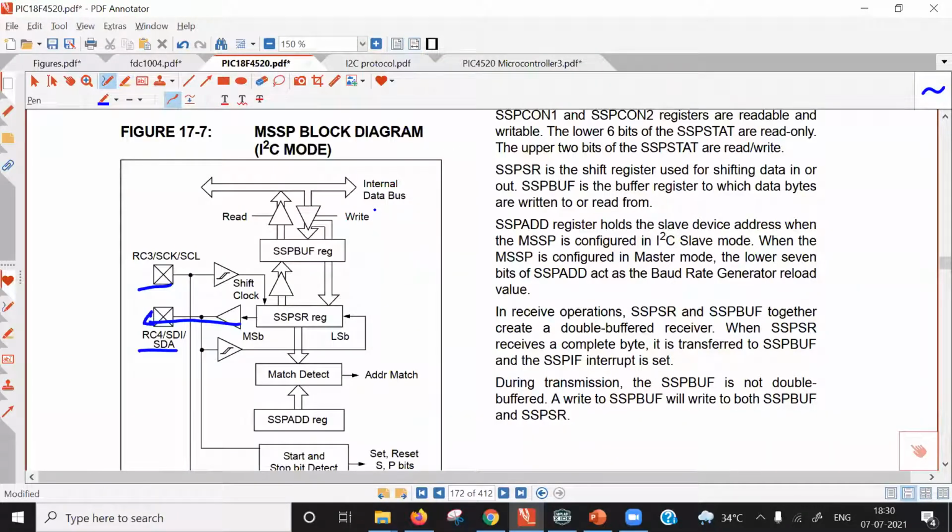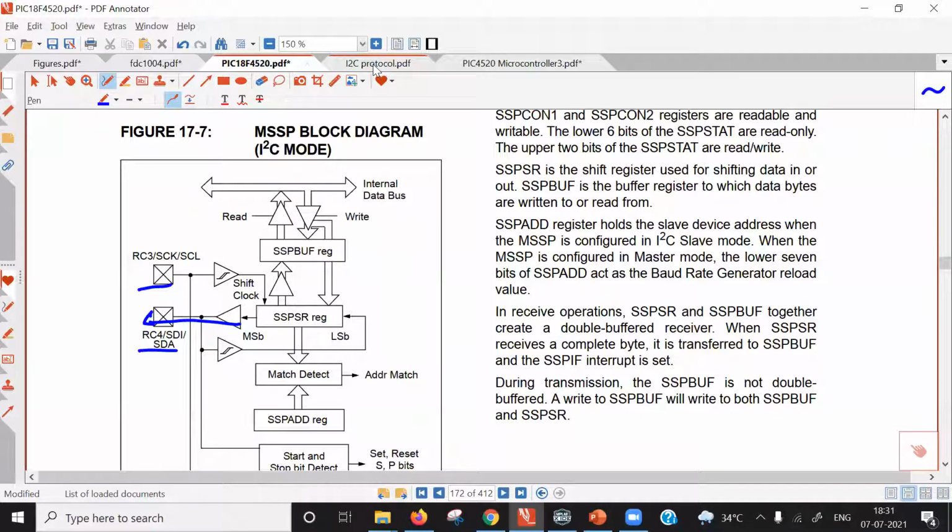Now another very important thing. Whenever the master initiates a write or read operation, the first byte must be the address byte. So the master must first of all transmit the address byte along with one last bit for read or write operation purposes. The first byte is always the address byte, because there may be multiple slave devices connected to the I2C bus. The slave device must understand whether that particular slave device is selected for read or write operation.